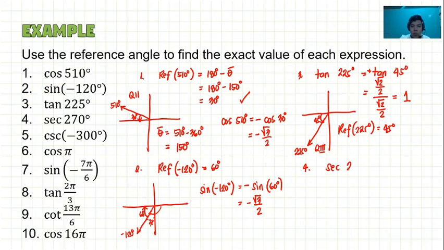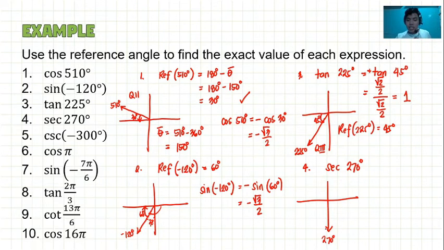Now for number 4, secant 270 degrees. So we need to locate 270 degrees. So 270 degrees is 90, 180, 270 is a quadrantal angle. 270 degrees is a quadrantal angle. So if that's the case, you can automatically solve for this one.